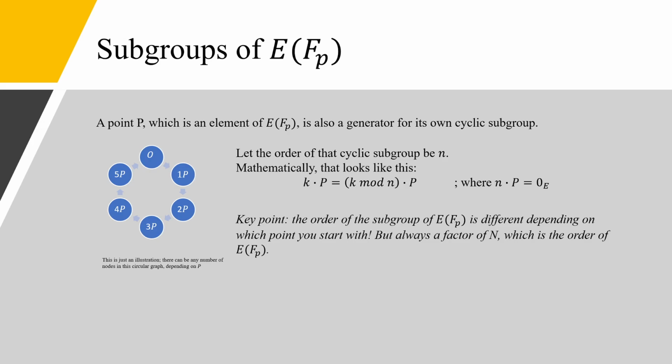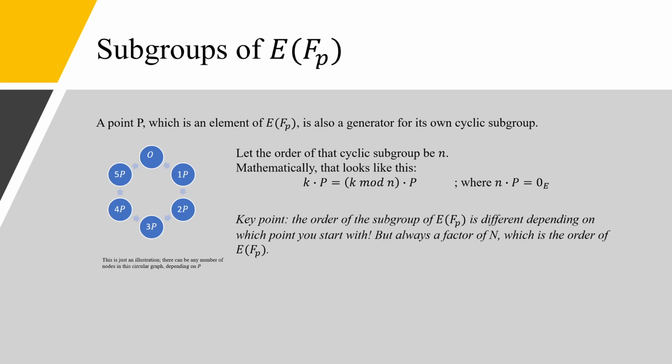Why? Because of Lagrange's theorem, the order of the subgroup divides the order of the group, and therefore conversely, if you have 2 possible subgroup orders, then the order of the group should have both of those as a factor. So if I have a subgroup of order 2 and a subgroup of order 11, then the order of the group has to be 22.